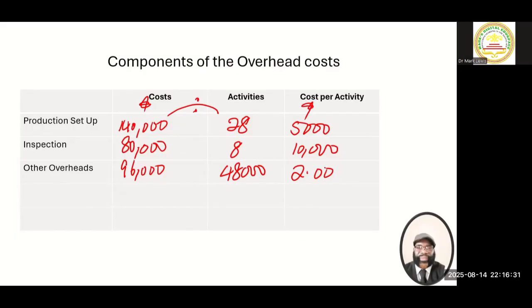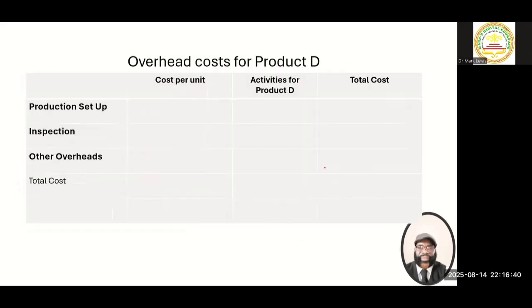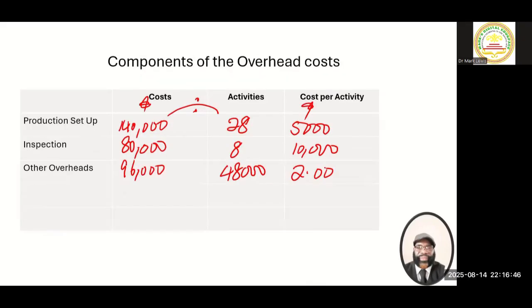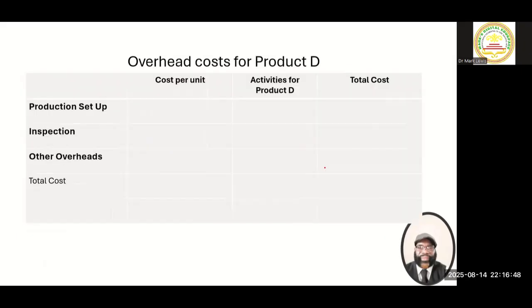So now that we have completed the cost per activity, this information can be transferred now to the final sheet where we are looking at product D specifically. For the setup cost, the cost per activity was $5,000. For the inspection, it was $10,000, and for other overheads, it was $2.